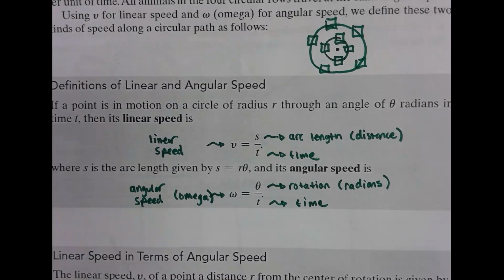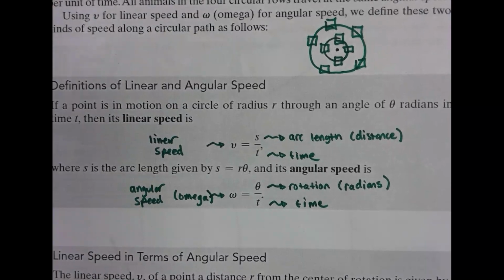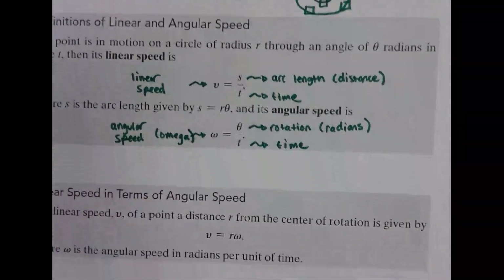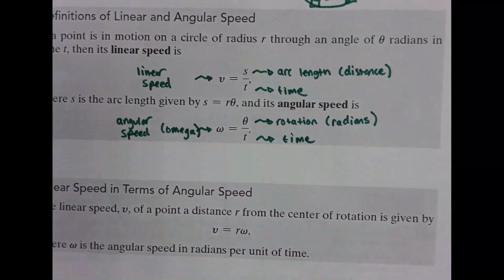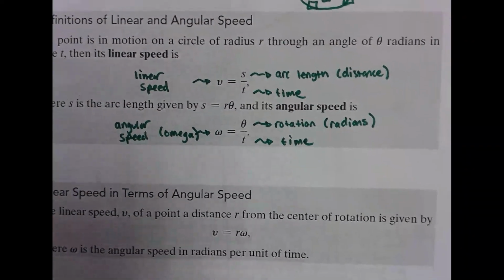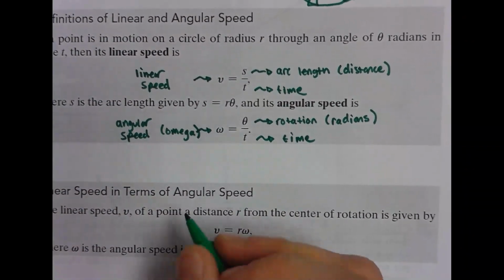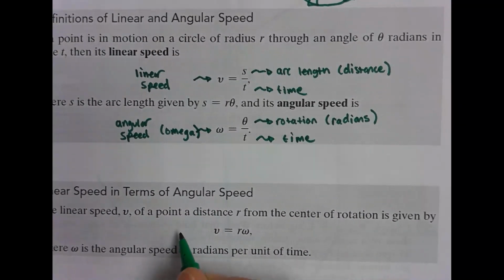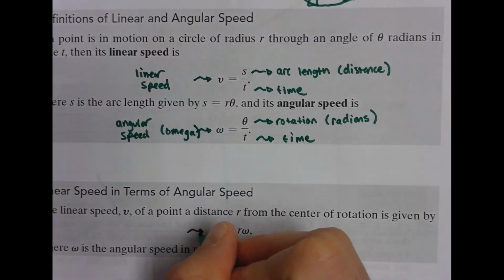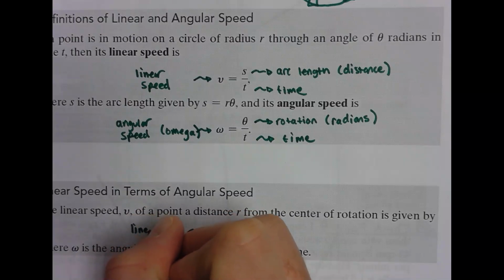Now, if we combine these 2 equations together, it comes up with another form of linear speed, or another way to find that linear speed, if we're dealing with rotations. And so down here is one more form of this for the linear speed.